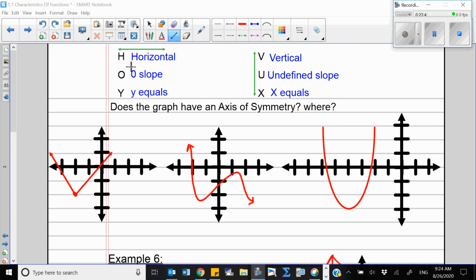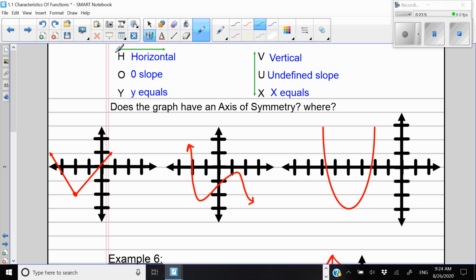Okay, let's talk a little bit about vertical and horizontal lines. This is just a quick review. We have learned this before. When you have a horizontal line, the slope of that line is 0, and the y values are all equal. If you have a vertical line on the coordinate plane, then the slope is undefined, and all x values are equal to each other.